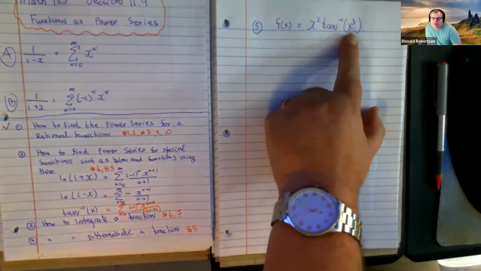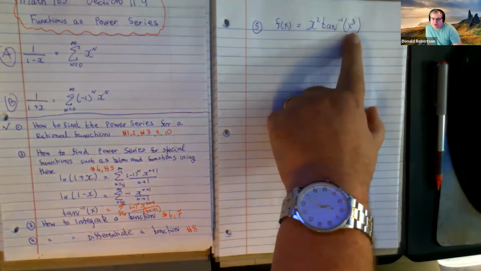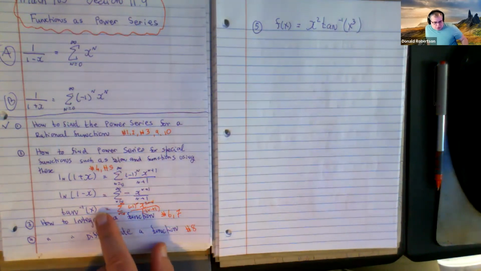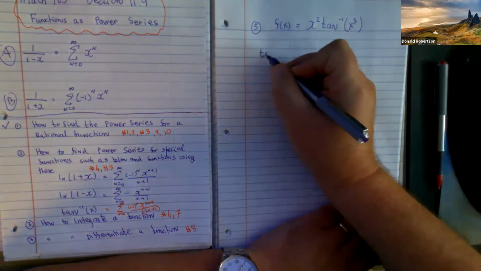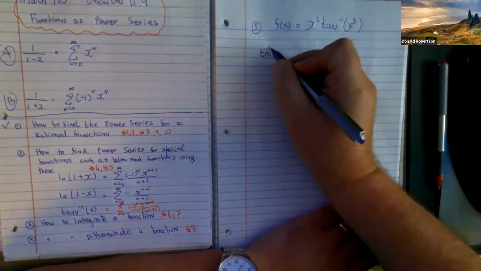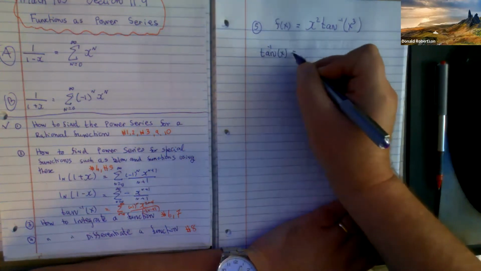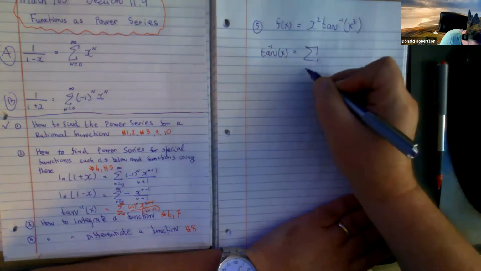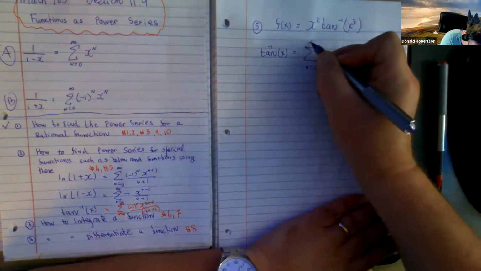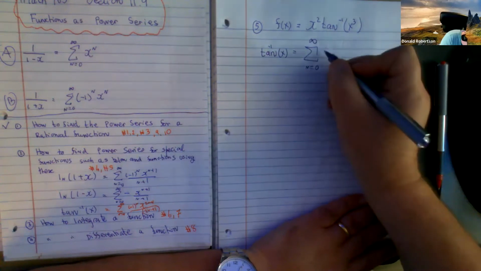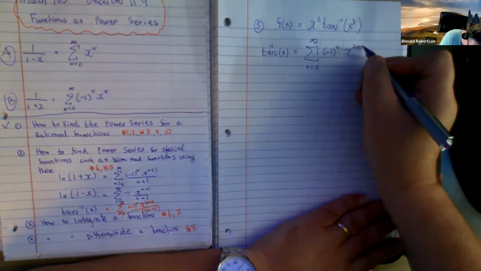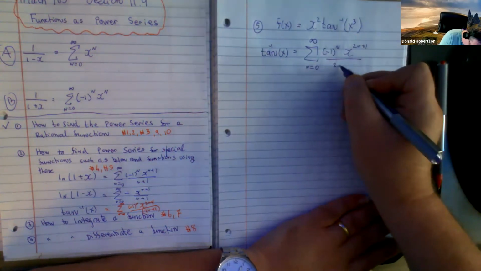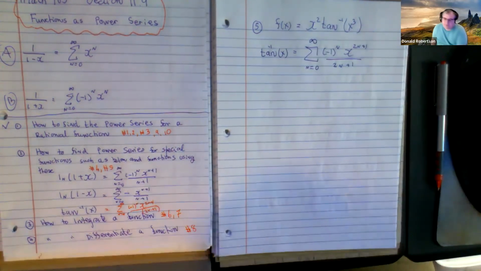First thing I'm going to notice is that this inverse tan of x cubed, I know the formula for the inverse tan of x, so I'll write it down again a little bit big. The inverse tan of x is sigma n equals 0 to infinity, is that guy.